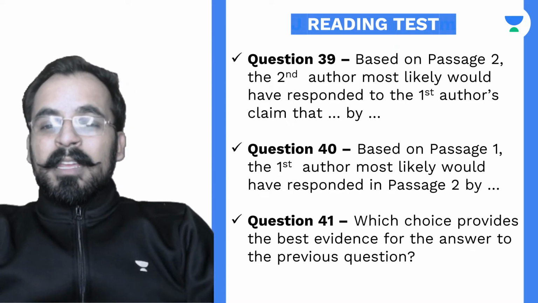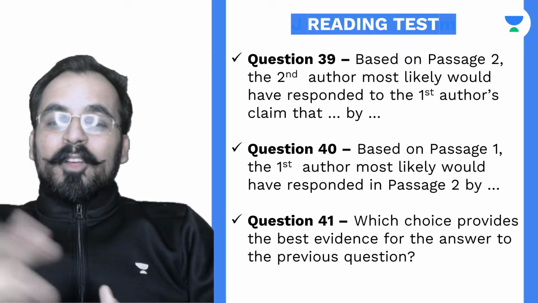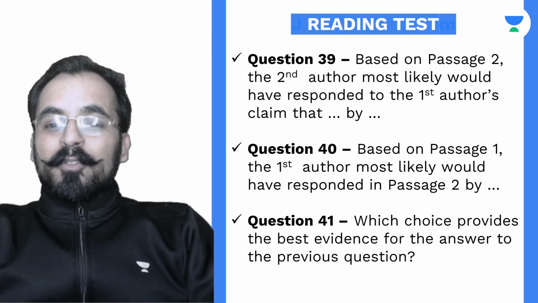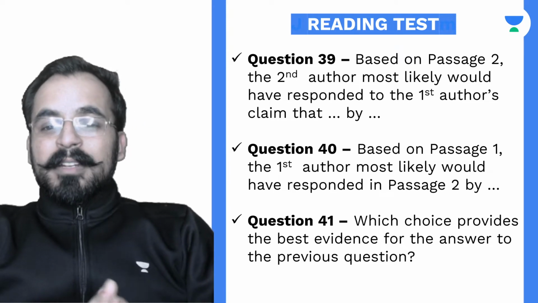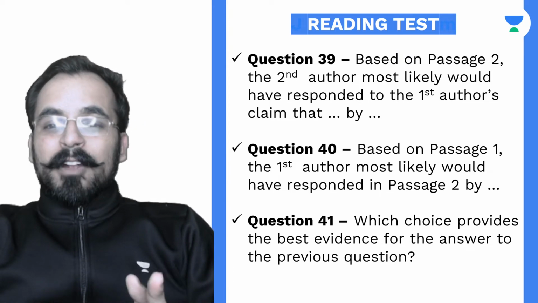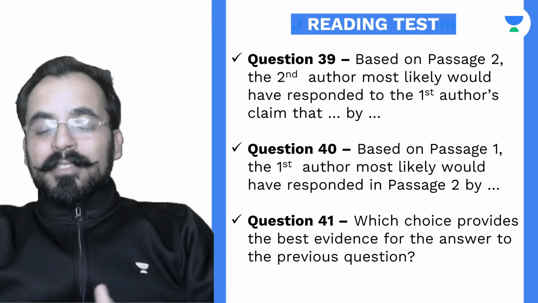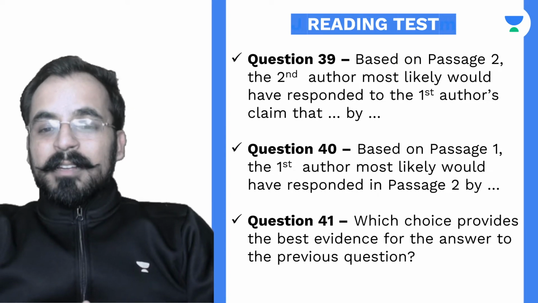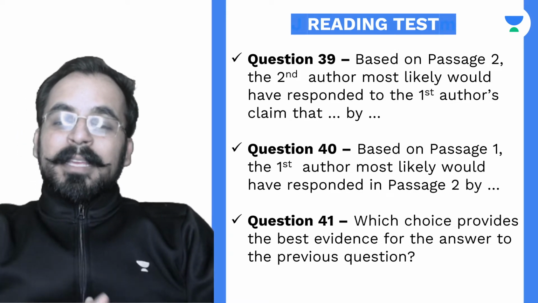Question number 40 was based on passage 1: how would the first author have responded to passage 2's claim? So questions 39, 40 and 41 were questions from both the paired passages. Question 41 was an evidence based question: which choice provides the best evidence for the answer to the previous question?